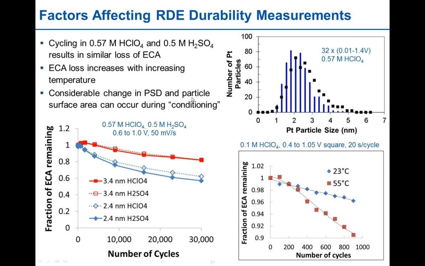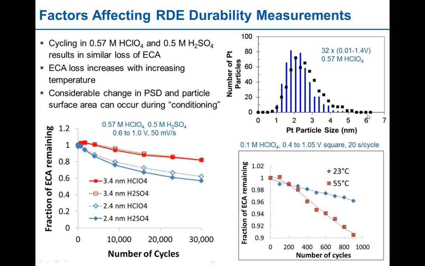Another thing to keep in mind is that during the conditioning period that Shyam mentioned, you can see considerable change in the particle size distribution as shown in the upper right plot. So just 32 cycles between hydrogen evolution and oxygen evolution can cause a significant change in the particle size distribution.